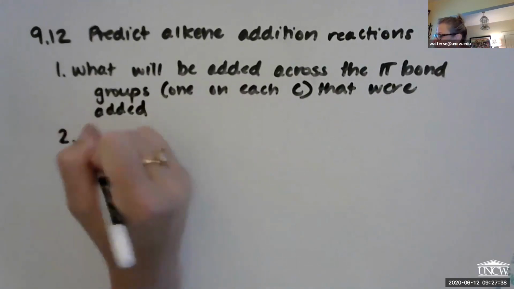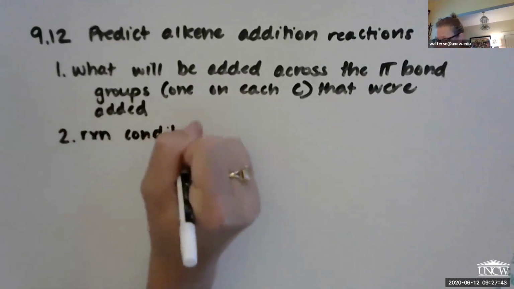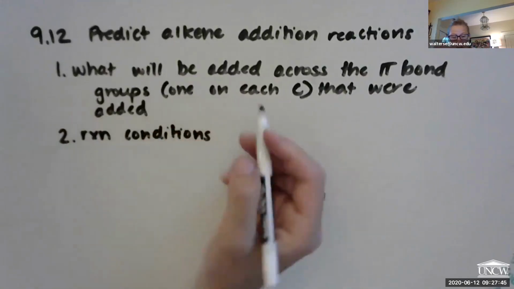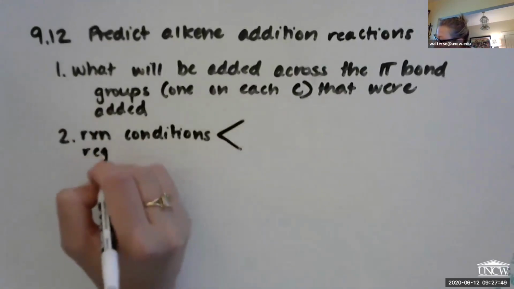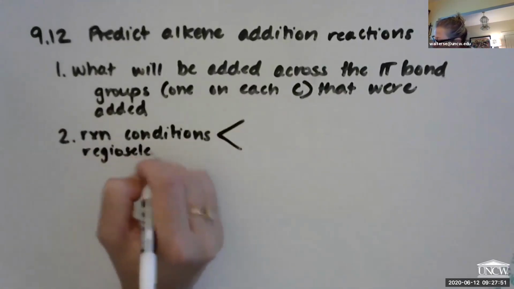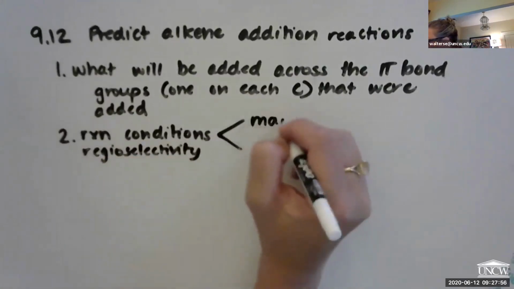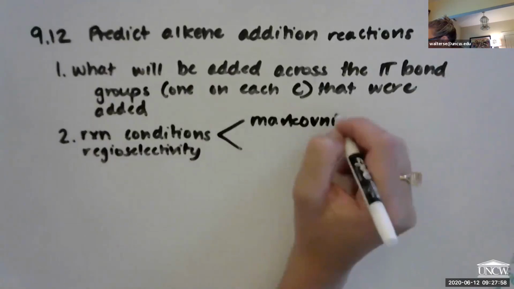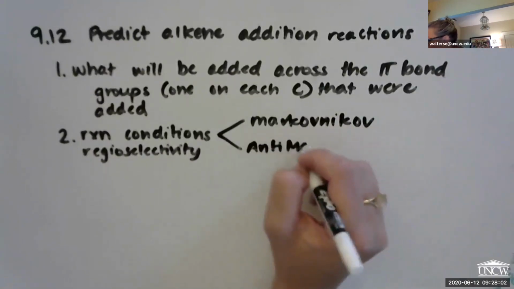When you look at reaction conditions, then you have to ask yourself, with respect to regioselectivity, if you're going to add by Markovnikov or anti-Markovnikov addition.